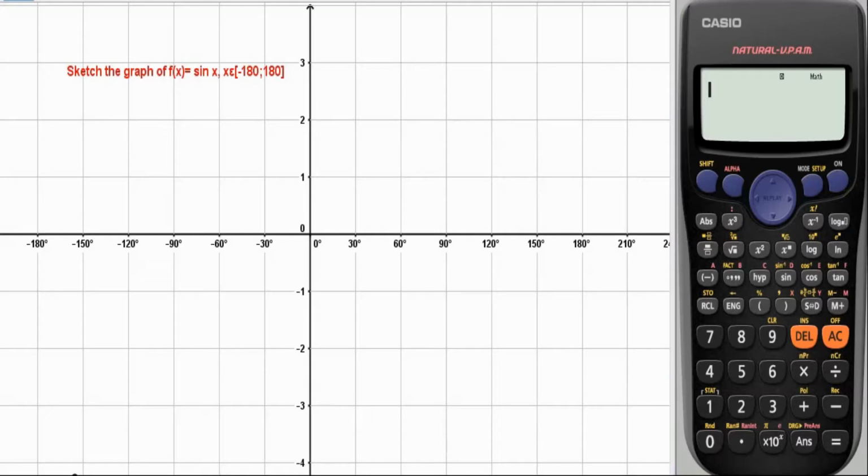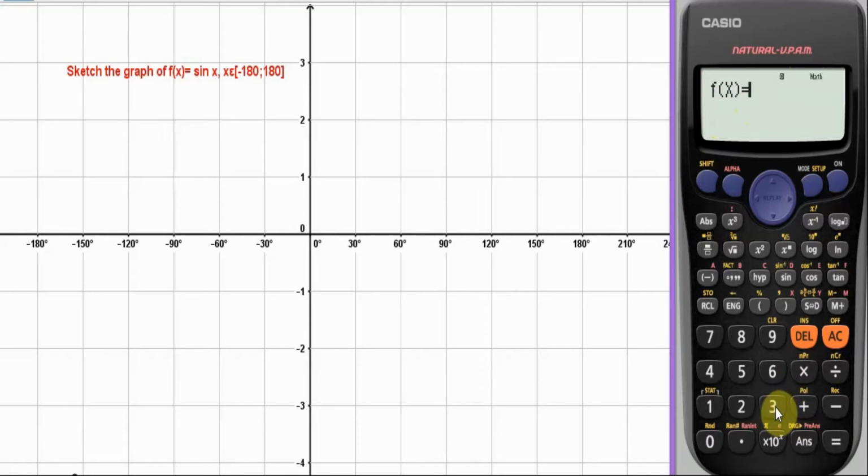So we press mode, then we have 3 options. If you want to use the normal, it is 1 comp. If you want the statistics graph, you press 2. And here we need table mode. So we press 3. There we have f of x.